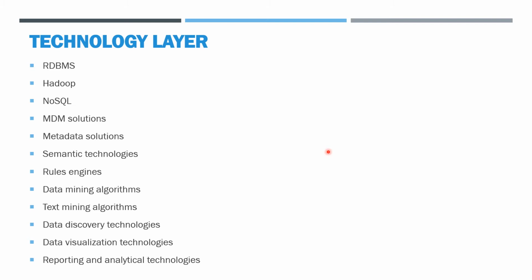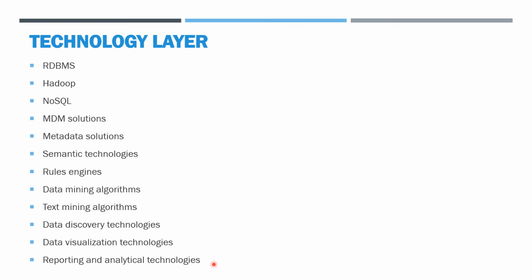So combining everything, we have this list of technologies. These technologies will be mixed and integrated into the heterogeneous architecture. All these technologies such as RDBMS, Hadoop, NoSQL, MDM solutions, metadata solutions, semantic technologies, rules engines, data mining algorithms, text mining algorithms, data discovery technologies, data visualization technologies, and reporting analytical technologies. So that will be the technology layer.